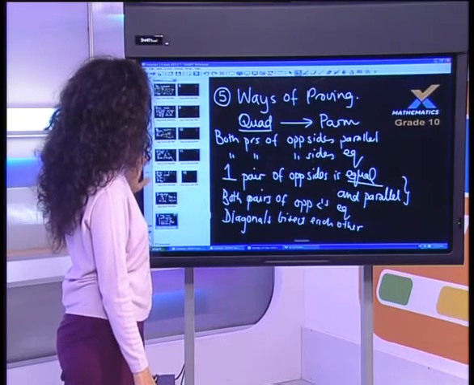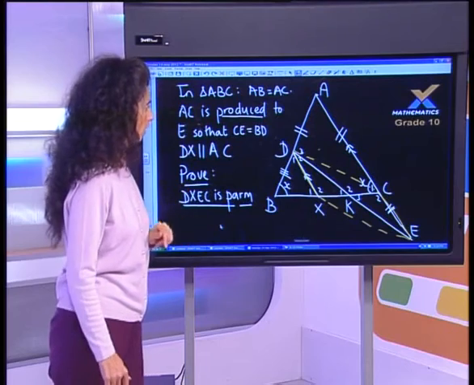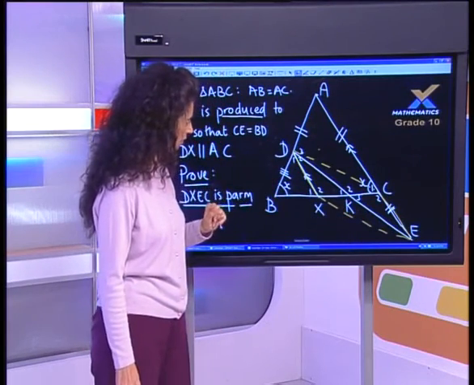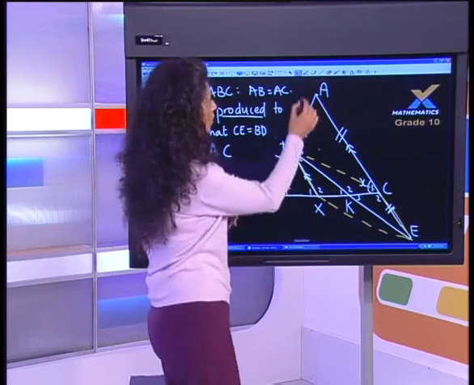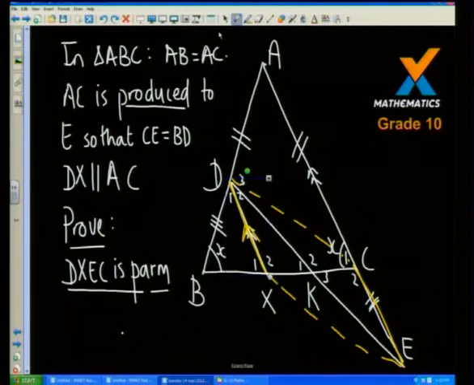Right, so let's go back to our rider. Now you've got that yellow figure, and can you see that on the yellow figure it was given to us that this side is parallel to this side, which in fact means that ACE is a straight line, which in fact means that these yellow lines are parallel.